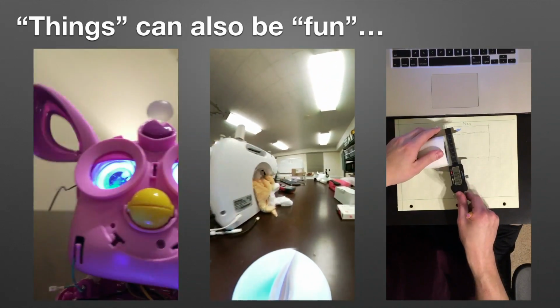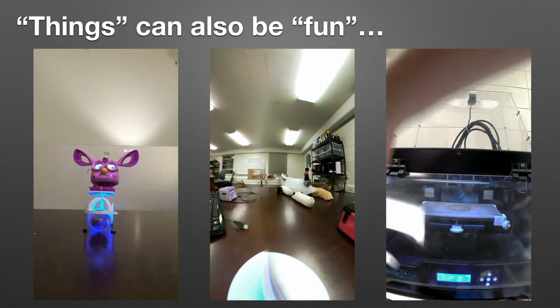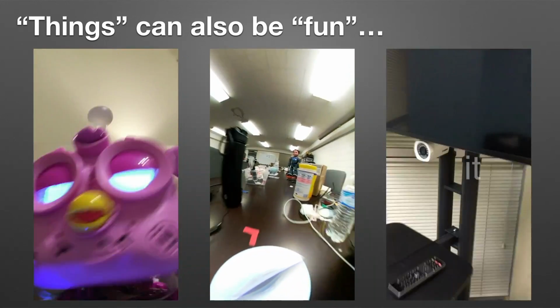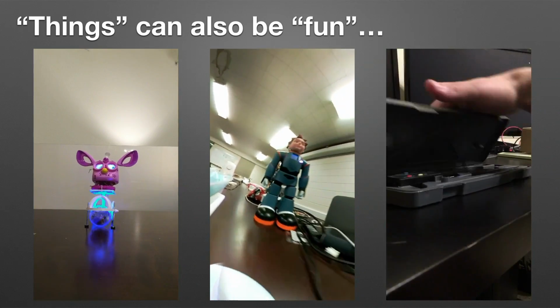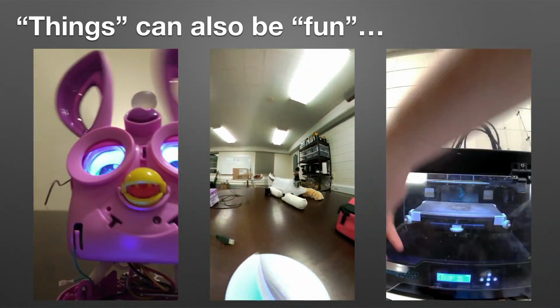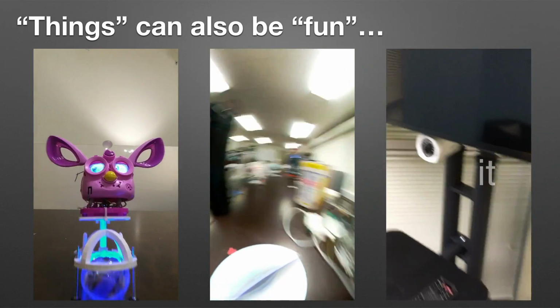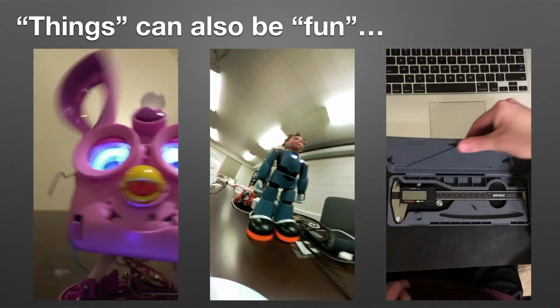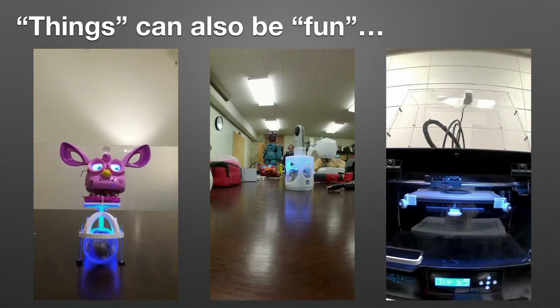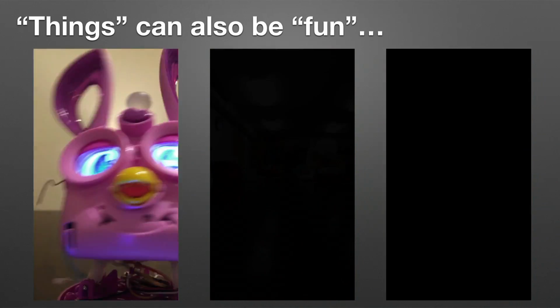So here are a few videos that I pulled just randomly from my own camera roll of things. First, over here on the left, this is a Furby on top of a Sphero robot, because maybe a Furby needs to have mobility, right? So just pushing things together, hacking in Bluetooth, 3D printing some things.